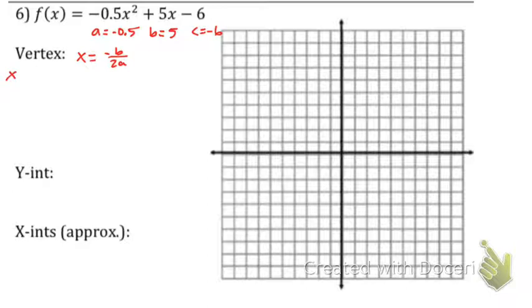So x equals negative, sorry, messed that up, that's the b value. 5 is my b value, so negative 5 over 2 times negative 0.5.